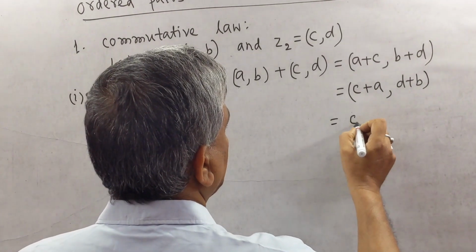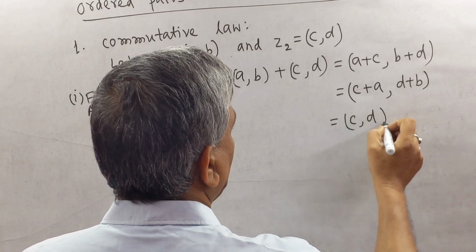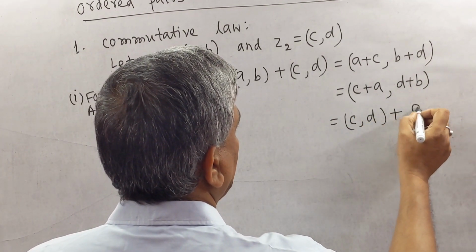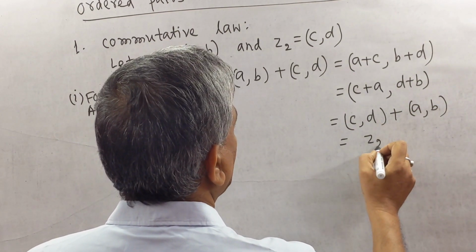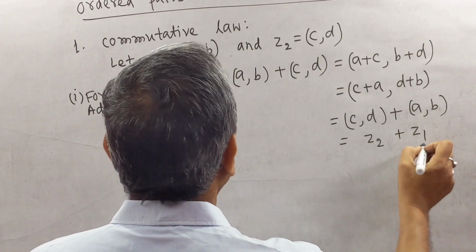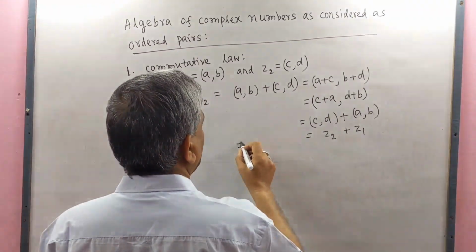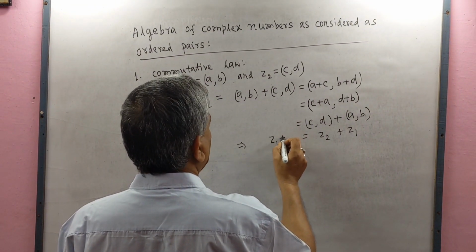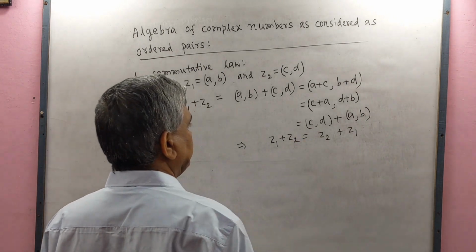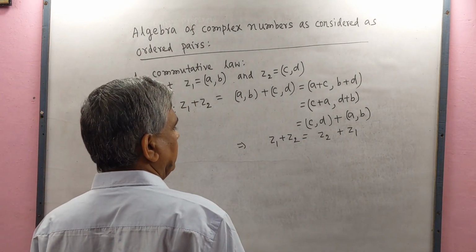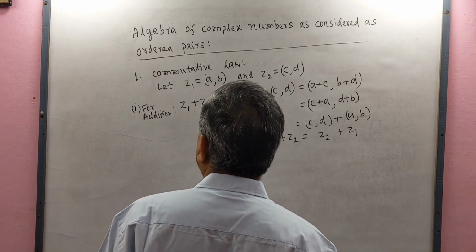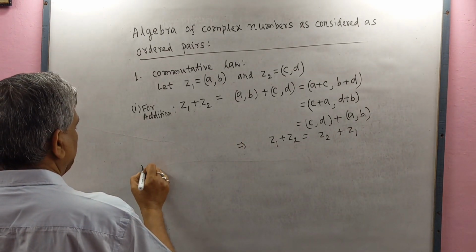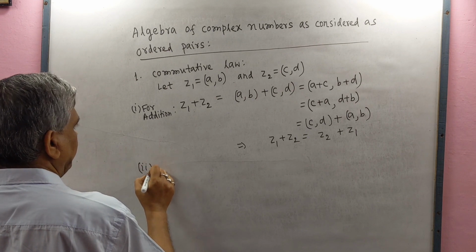So we may write (c, d) plus (a, b). This is z2 plus z1. Therefore, z1 plus z2 equal to z2 plus z1. Hence, commutative law holds for addition. Number 2, for multiplication.